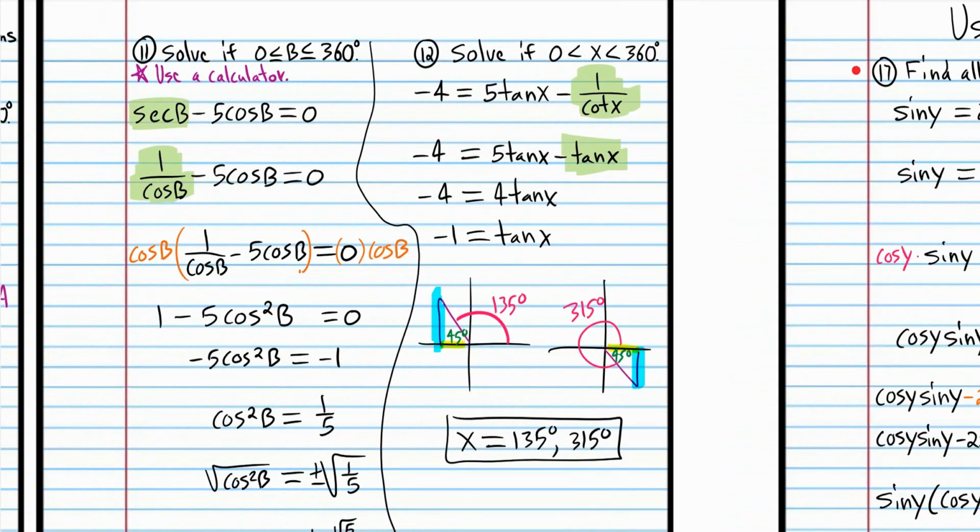Now we don't have any extraneous solutions because these angles are not going to give us an undefined cotangent or tangent value, and they're not going to give us 0 in the denominator here, so we don't have to worry about extraneous solutions.